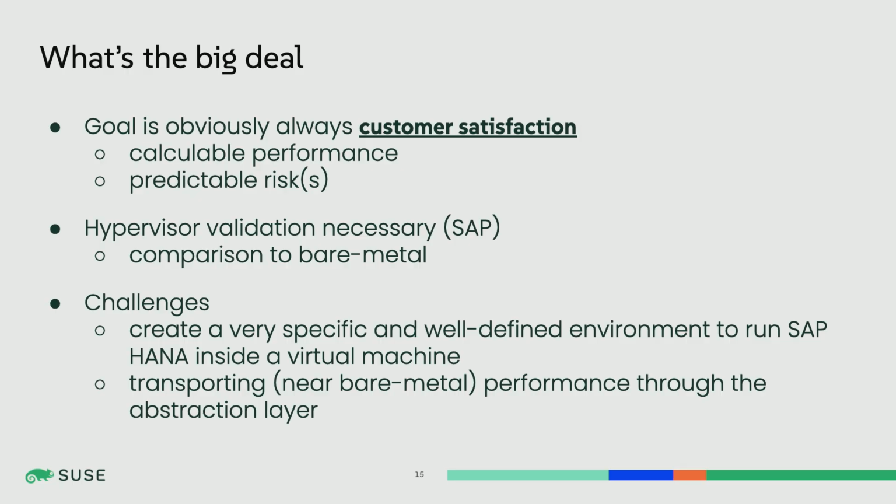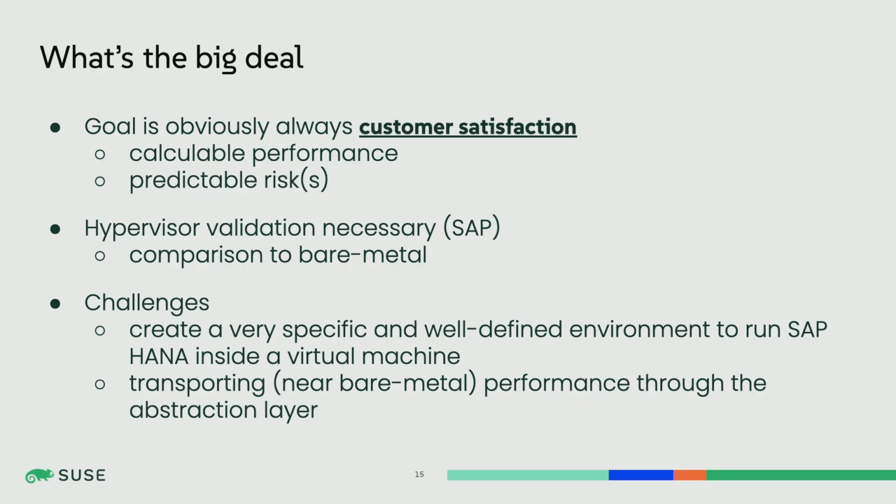With the validation that is required by SAP, we basically do that. So we make sure that everything that runs on a validated hypervisor runs as expected and with a very well-defined amount of performance that has to be transported through the abstraction layer.